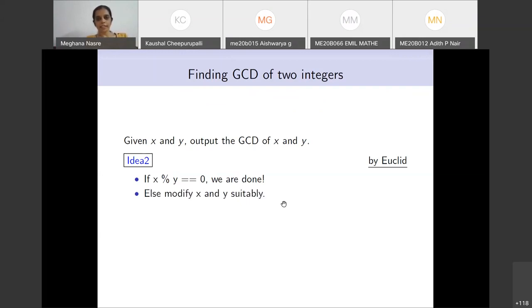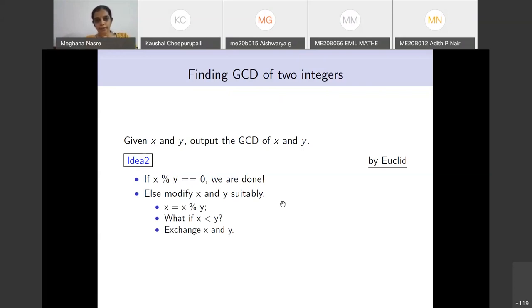Else we modify x and y suitably, and the suitably is dependent on what is the best way you can think of it. One of the ways was just to subtract y once, but then we saw that subtracting y once can be done repeatedly, and therefore we said we could have set x is equal to x mod y.